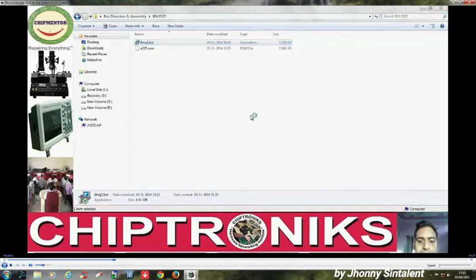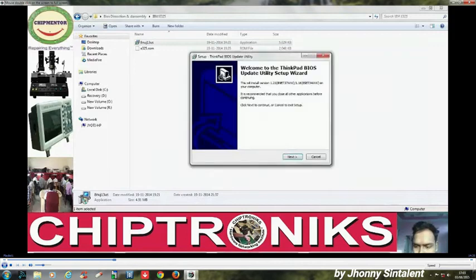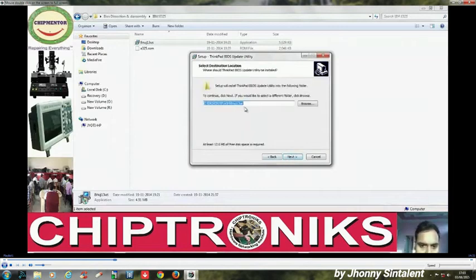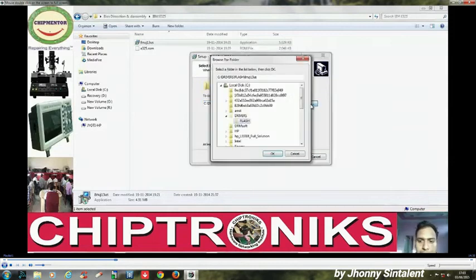You just double click it. Next, no problem. We'll follow all these steps. Here you can change the extraction location, because we'll not go into the C drive. Let us browse this and change it to our location, which is desktop.